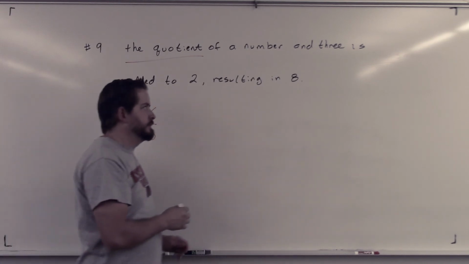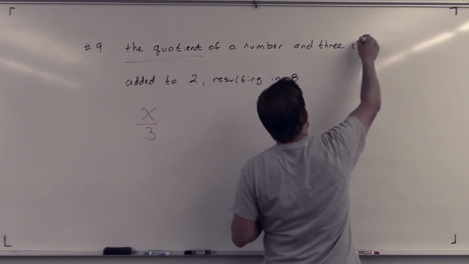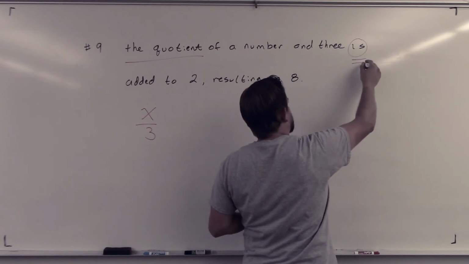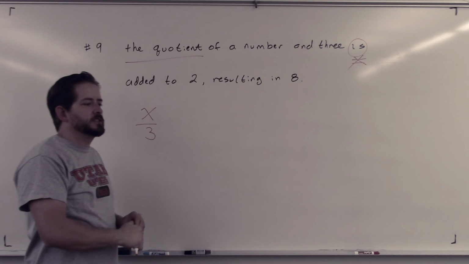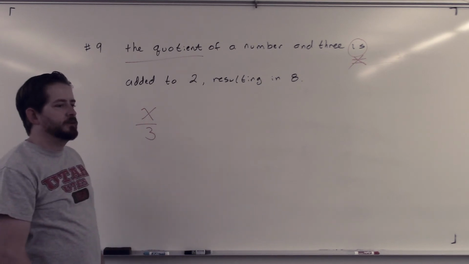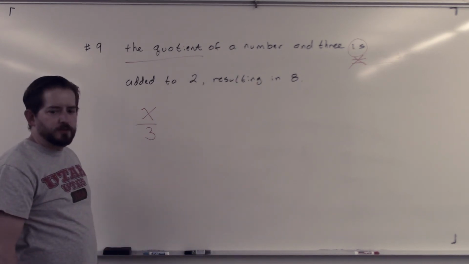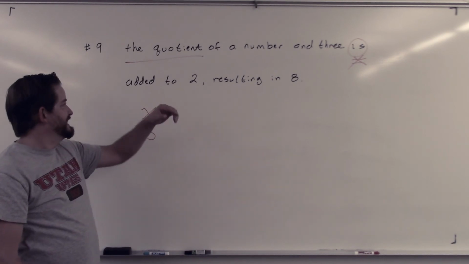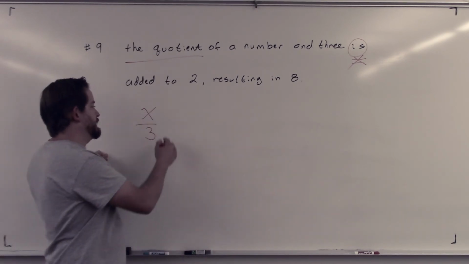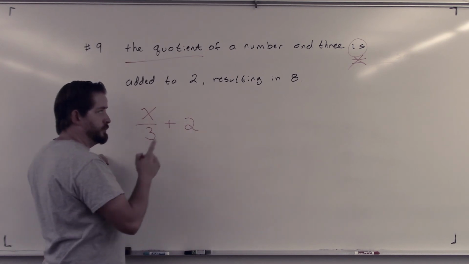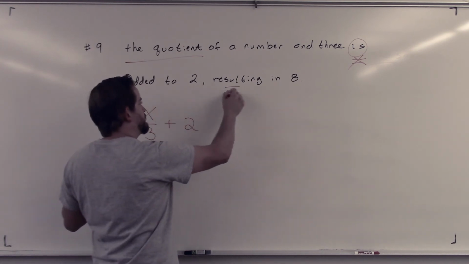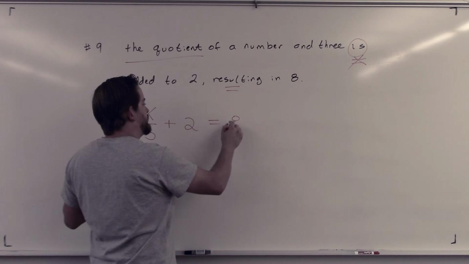It's maybe tempting to say, oh, there's the word is, and that means equals, but no, we have to also consider that we're speaking English, and is not always translating over to an equation, right? This is added to, and so I add that to 2. And the result, this result right here is my equals, that equals 8.